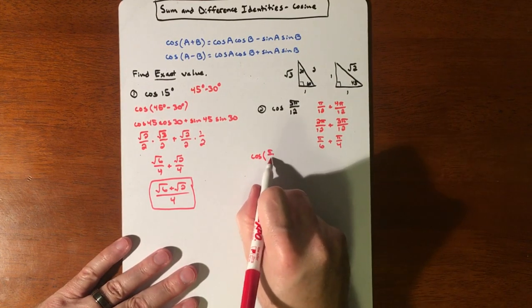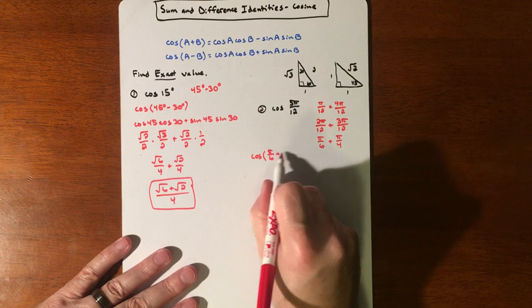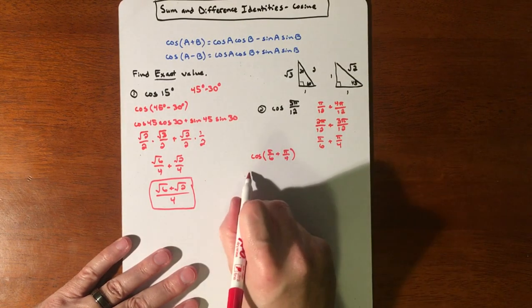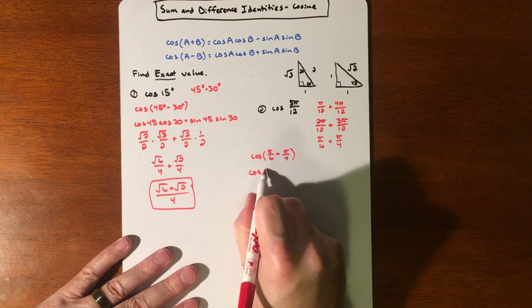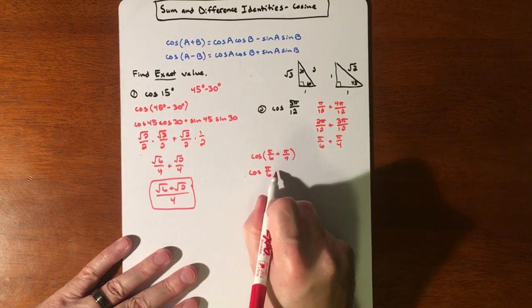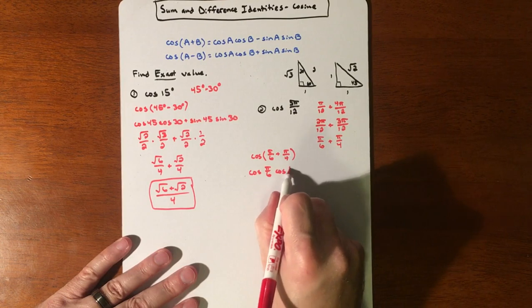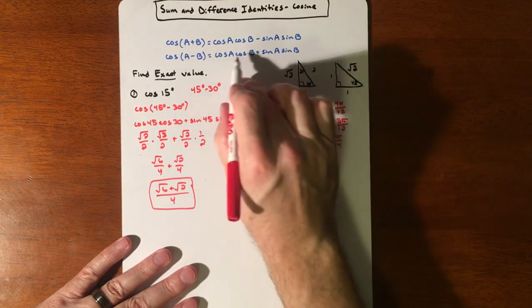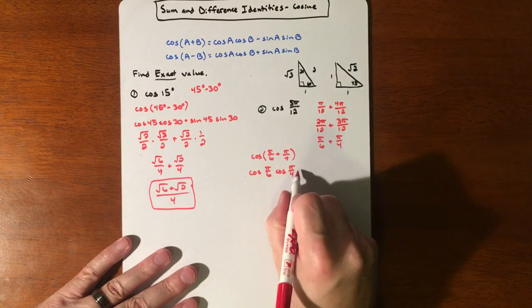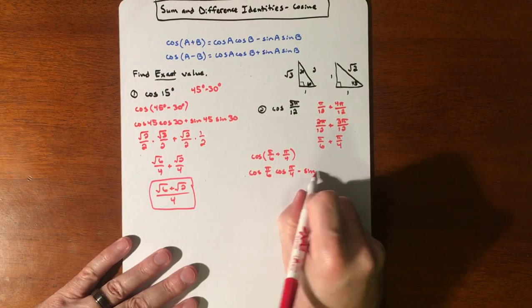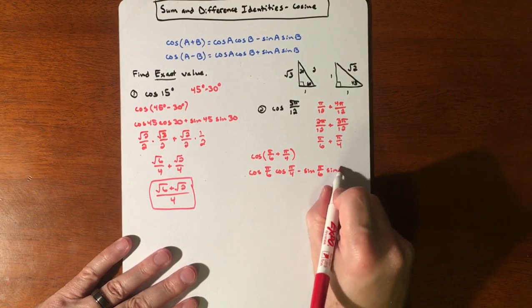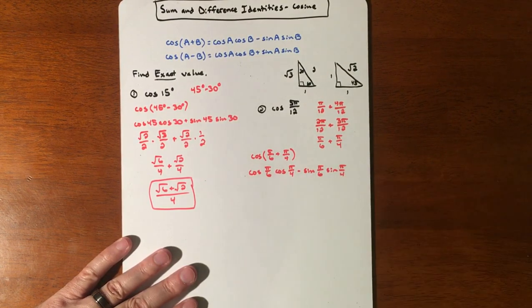of pi over 6 plus a pi over 4, and that's going to make cosine pi over 6 times cosine pi over 4. Because it's the plus, we have the top formula, so it's going to be a minus sine pi over 6 times sine pi over 4.